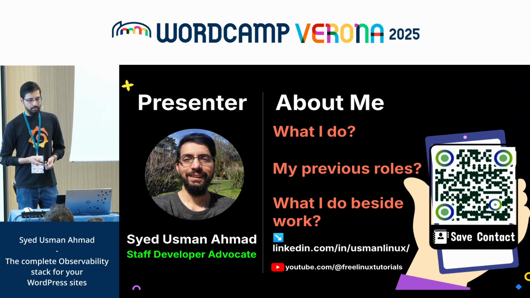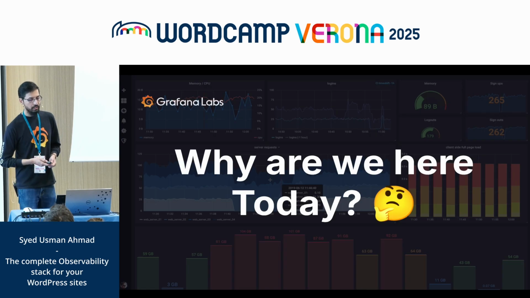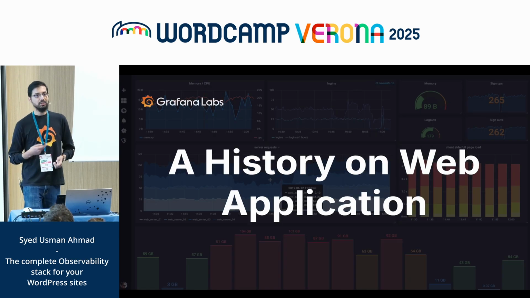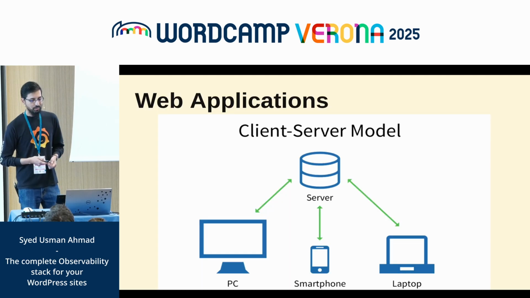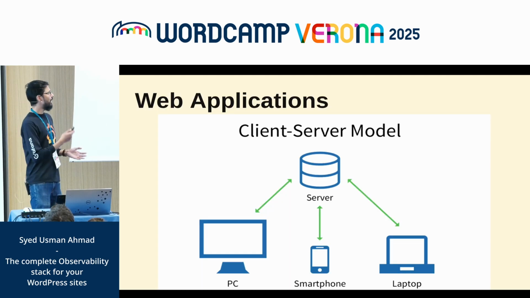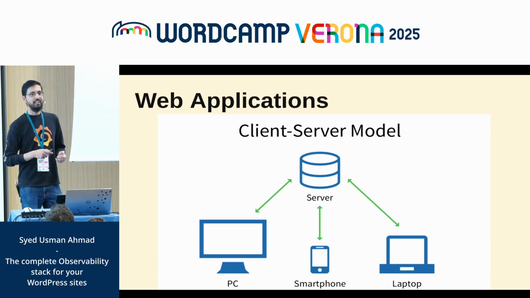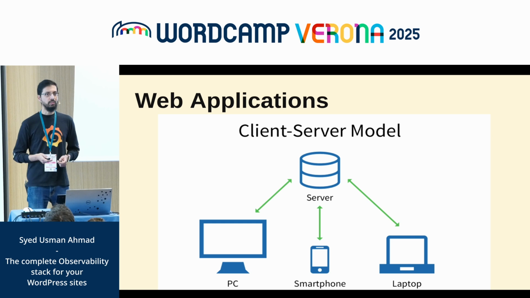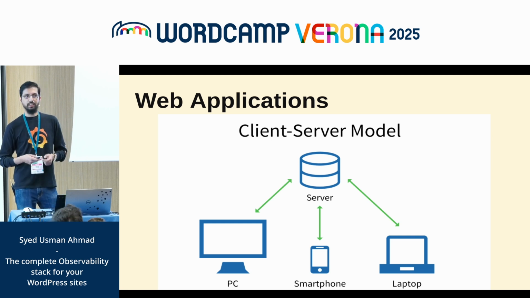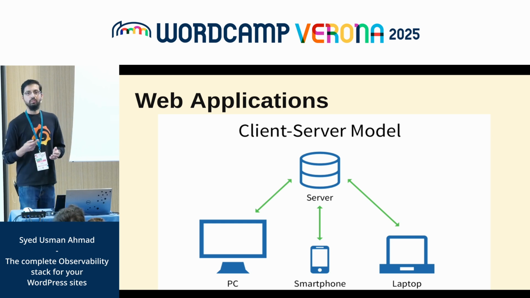So yeah, let's get started. Today, let's take a look at the history of web applications. Let's think of this like a WordPress thing, and back in the days you had one WordPress running on your local machine and users are using it, and you know what's going on.